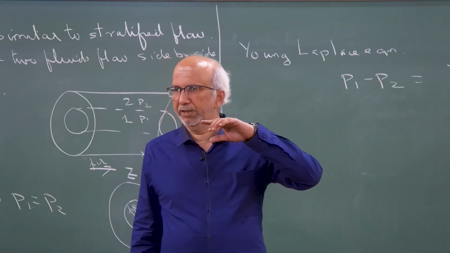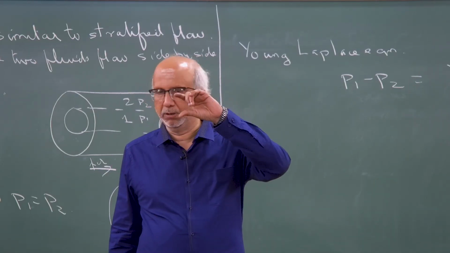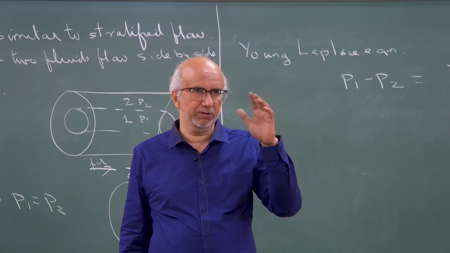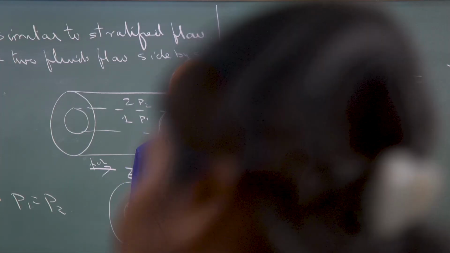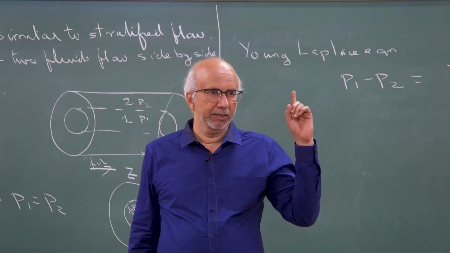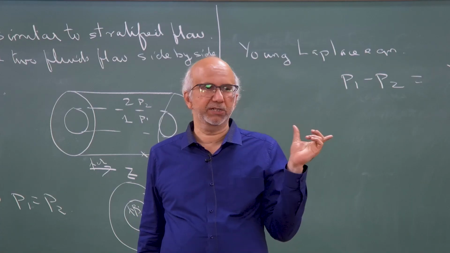In the rectangular Cartesian coordinates, we said that the pressure was equal, but now there is going to be a pressure difference, because this pressure difference arises because your interface is curved and because of the surface tension. In the rectangular Cartesian coordinates, what is the radius of curvature?